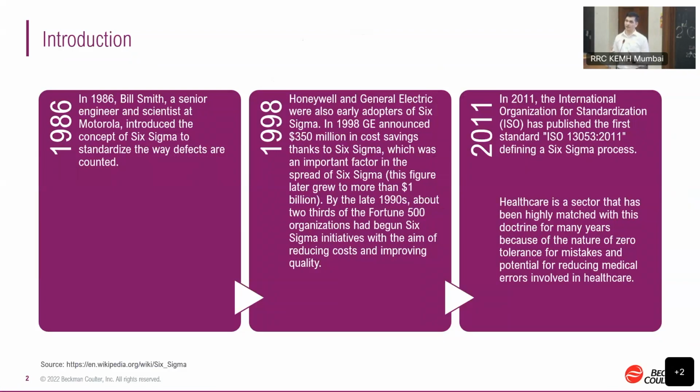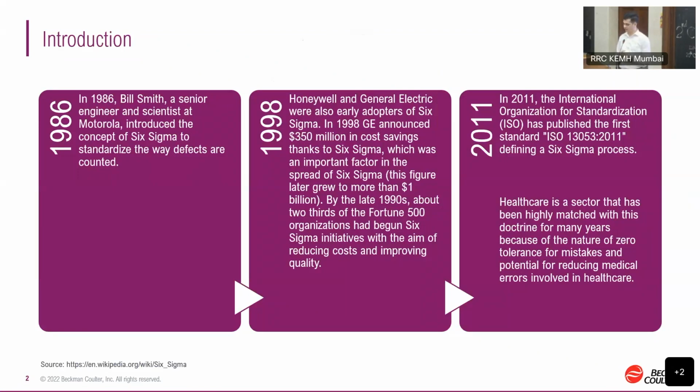Those were rated as Fortune 500 companies. Two-thirds of those organizations have adopted this concept of Six Sigma and found it useful to reduce errors and save cost as well. Then from 2000 onwards, it was incorporated by healthcare as well.